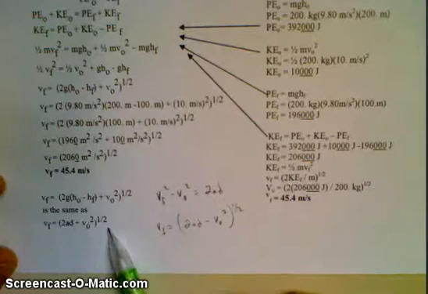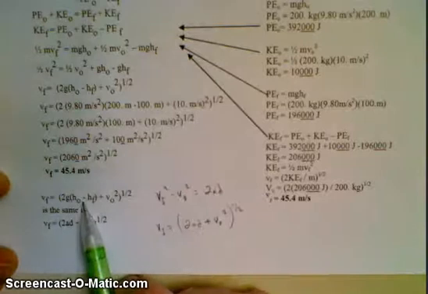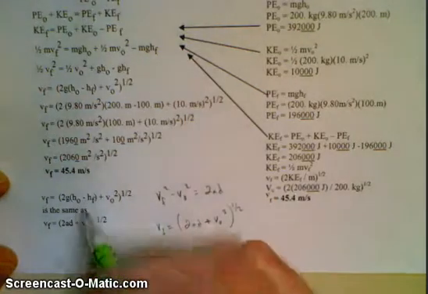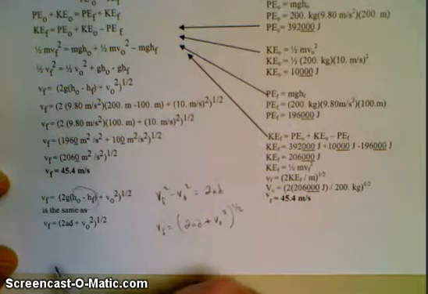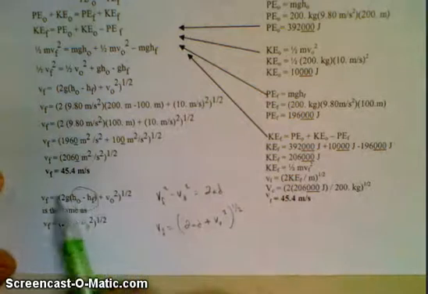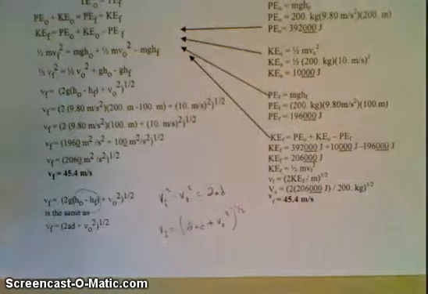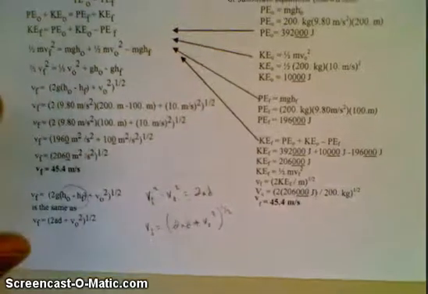Everybody okay with that? That would be a plus. So if I look up here, how is that the same? Well, what is the distance? The distance is the difference in height. Did everybody see that? Distance is the difference in height. So this equation is actually the same as this. You could use kinematics equations to solve. We're using energy equations this time to solve for these problems. Hope you enjoy.